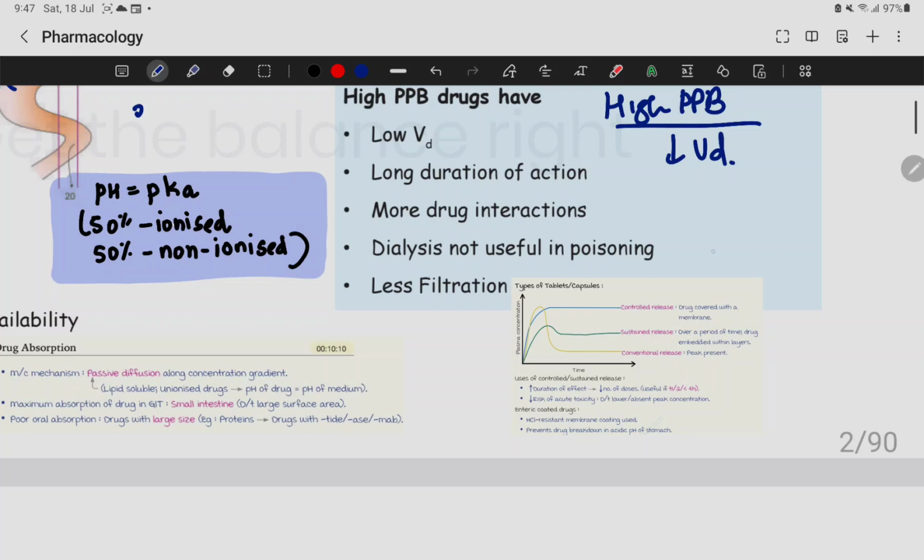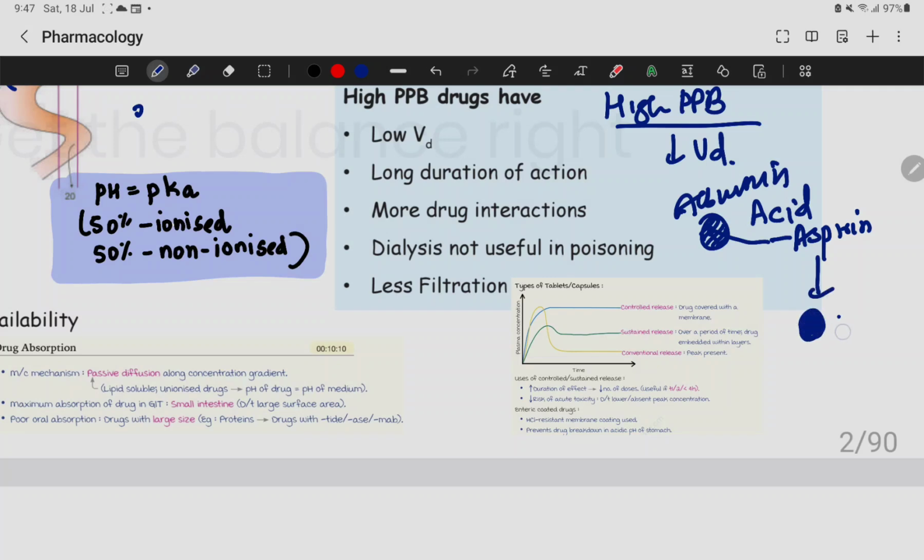For example, an acidic drug like aspirin binds to albumin. The more the aspirin binds to albumin, the less will be available in the blood, so the lower the volume of distribution.